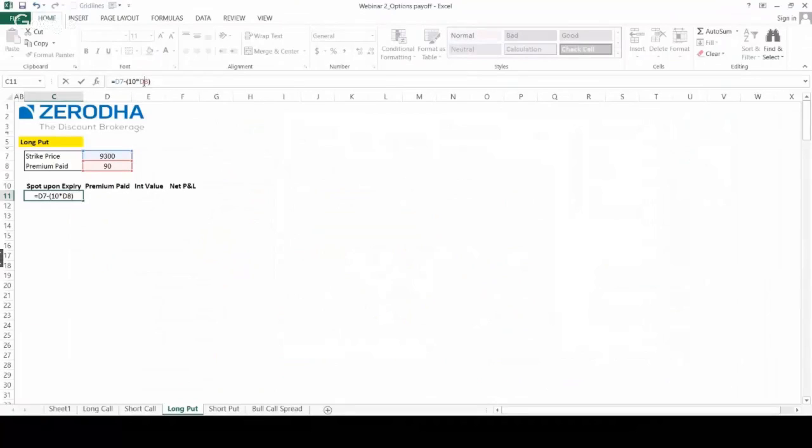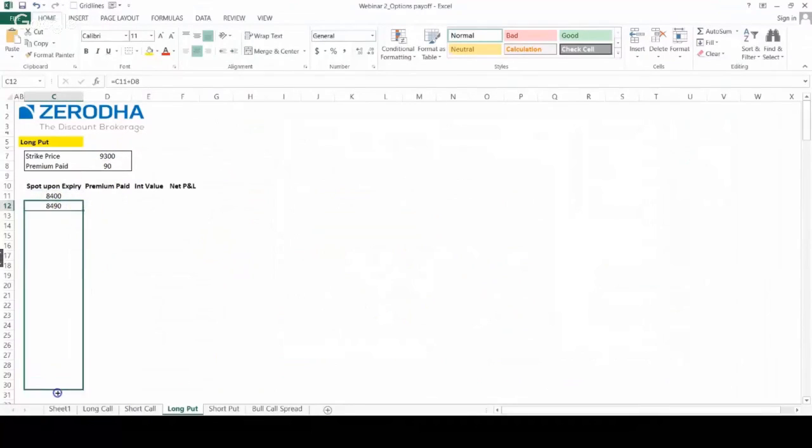This is only to ensure that I get a smooth graph, and it becomes easier for me to explain. I'm going to develop this now; I should get it now.